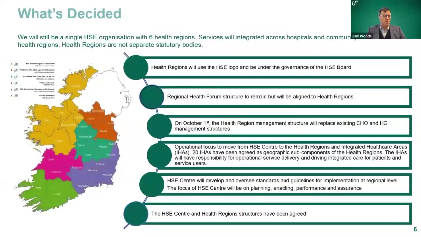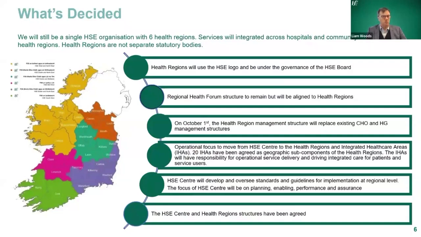And just briefly, in terms of what's decided, the 6 regions set out on the map have been created, and indeed the subdivisions of those into 20 integrated health areas also mapped, and recruitment having taken place for those posts. The health forums will continue to exist. There will be 6 instead of 4.